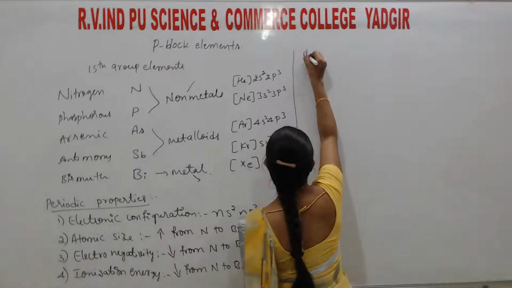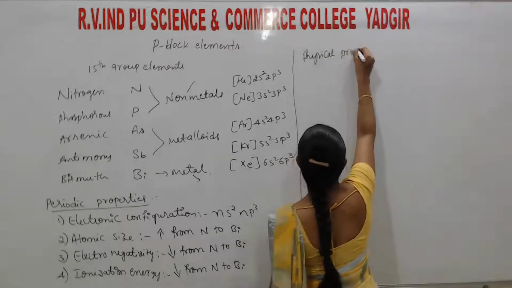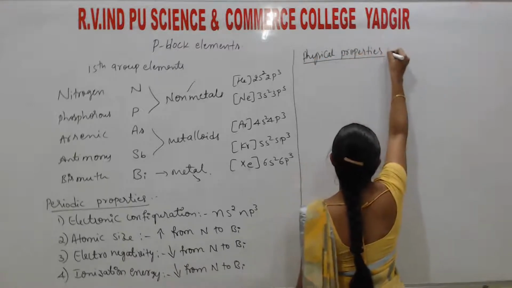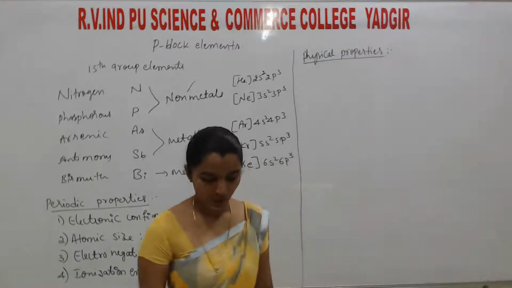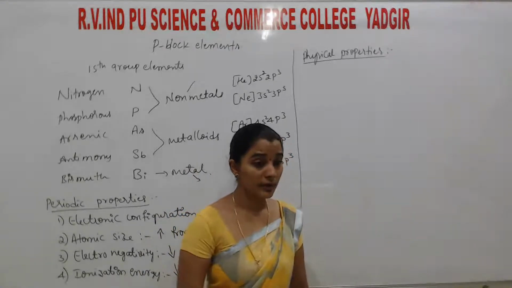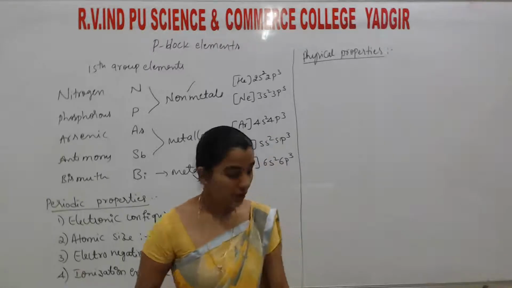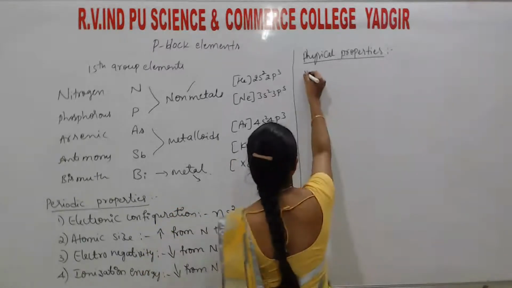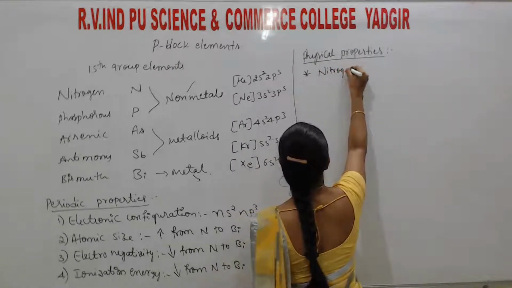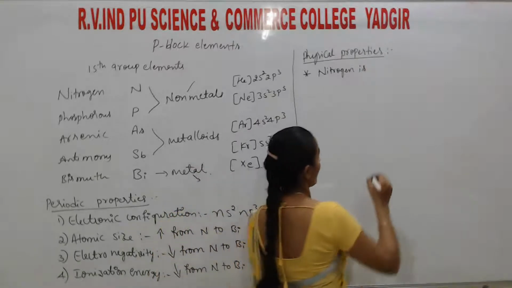Next one is physical properties. So students, in the physical properties, you know, boiling point is there, melting point is there, their state is there. Okay. So here, the first physical property is that nitrogen is a gas. Nitrogen is a diatomic gas.